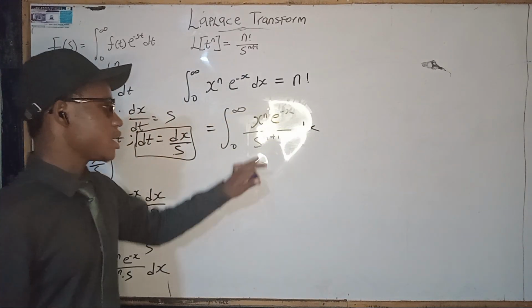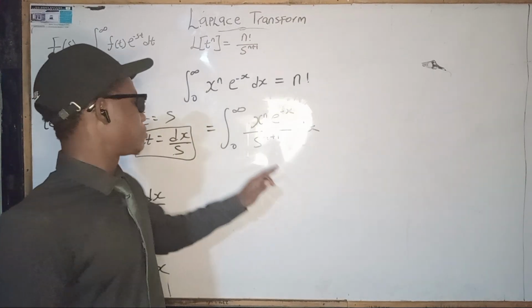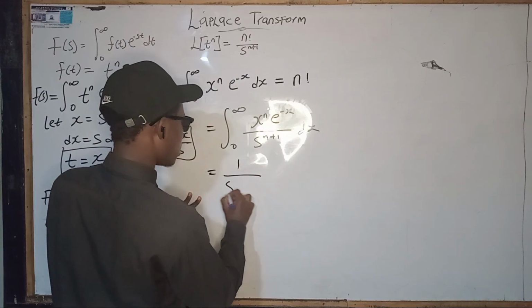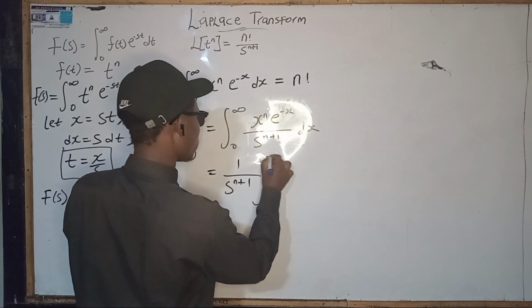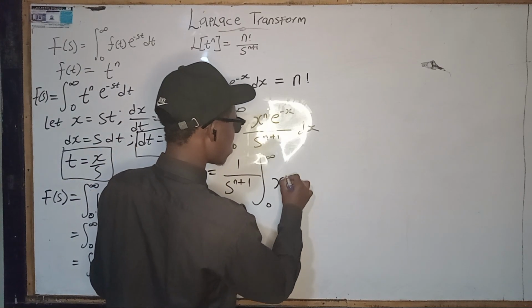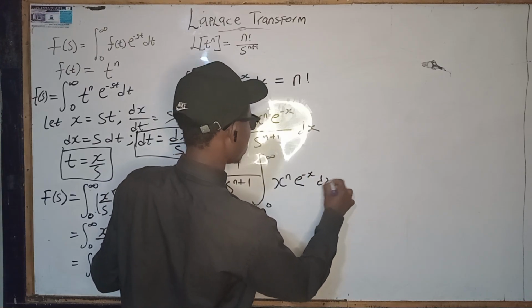As I said earlier, s here is not a function of x, so it is a constant. It can be brought outside. That means we are going to have 1 over s raised to the power n plus 1 times the integral from 0 to infinity of x raised to the power n times e raised to the power minus x dx.